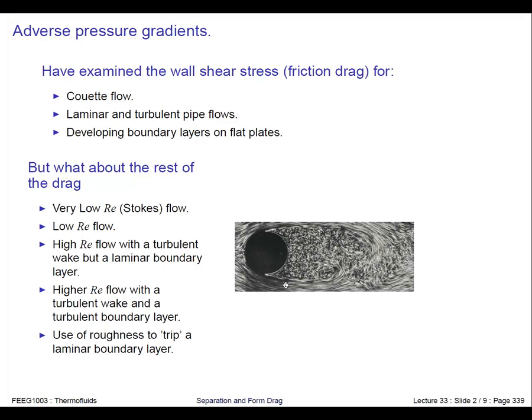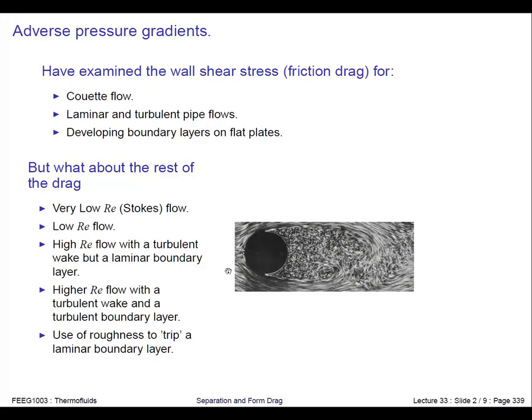The classic example is a cylinder, and depending on the Reynolds number you can get different flow patterns behind this object. At very low Reynolds number, Stokes flow, you get streamlines that stay stuck all the way around. You can get a small separation zone, or a larger separation zone with the laminar boundary layer, and this is what we see here.